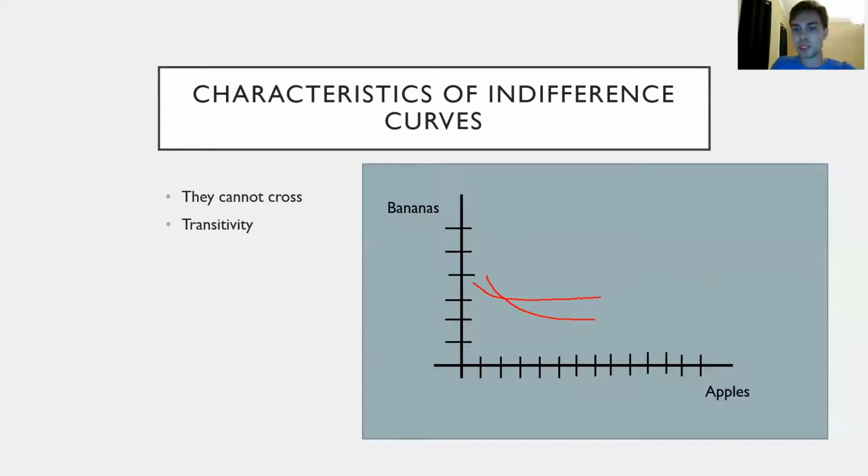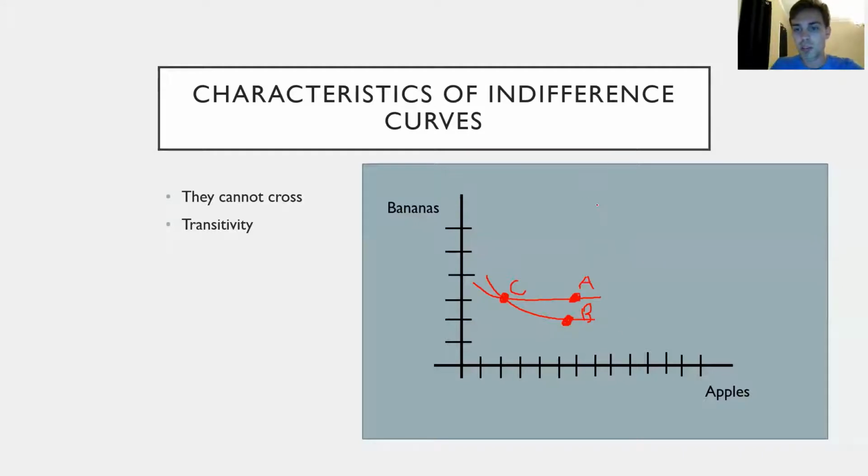We can pick 3 points: one where the curves overlap, and 2 other points on each of the curves. I'll label this one A, this one can be B, and this one can be C.